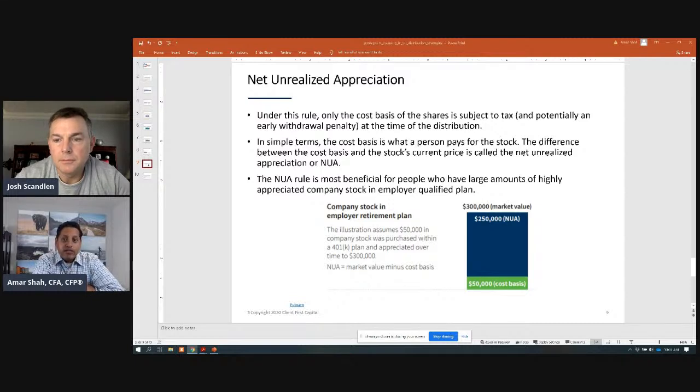I had a client that retired from AT&T, and he loved AT&T stock. He'd been there for 30 plus years, and AT&T pays a great dividend, and he wanted to keep it. With the NUA, what we did is use the dividend to buy options to protect on the downside. And the important part here is we kept the position. We didn't sell the position to re-diversify into stocks, bonds, mutual funds, ETFs, whatever it is.